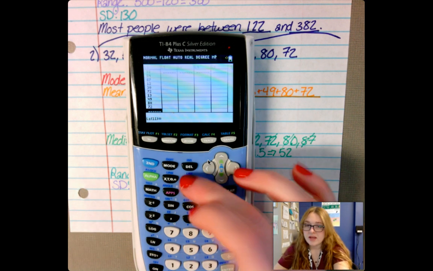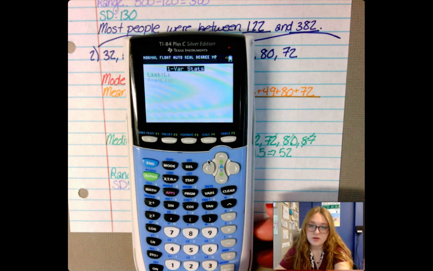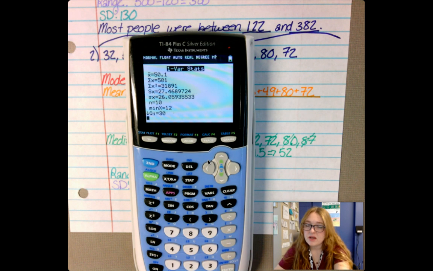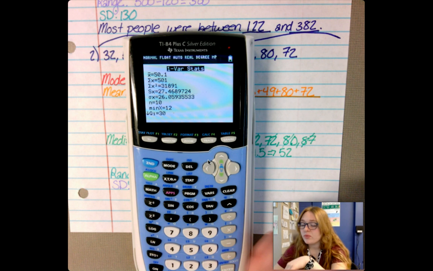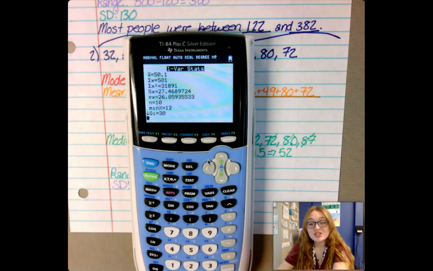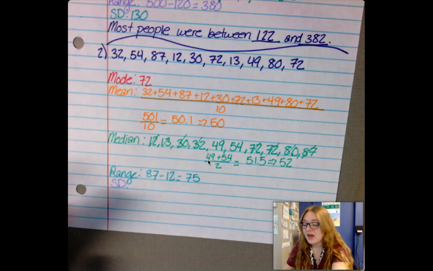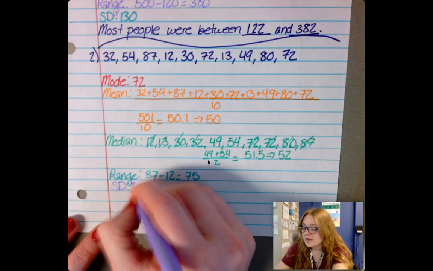Once we're done with that, we hit Stat again, scroll to the right to Calc, enter, enter, enter, enter. And we can see that our mean was correct at 50.1. That's a great way to check while you're doing the quiz if you got the answer correct. And then our fifth line, that thing that looks like sigma x, is 26. That is our standard deviation.